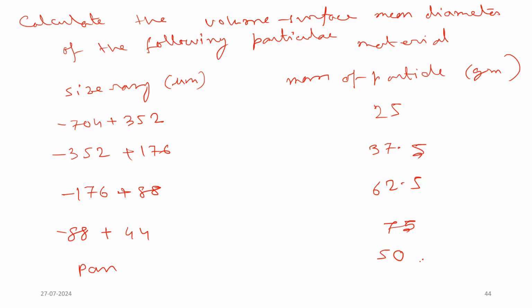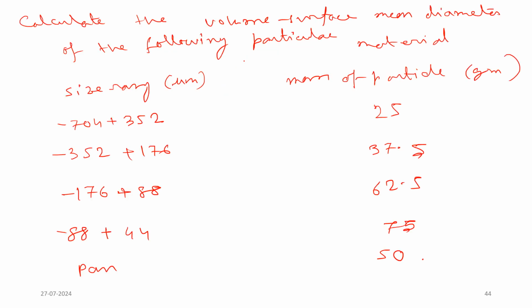We have to calculate the diameter as well as the mass fraction, because you know the volume surface mean diameter is the summation of xi by di, i equals 1 to n. So we will calculate here only.